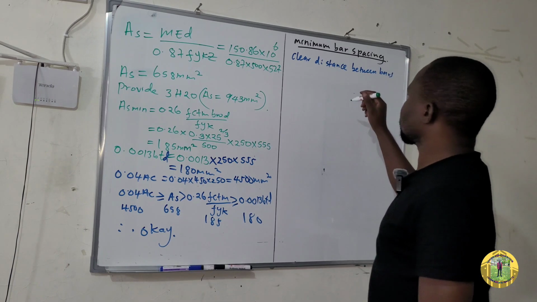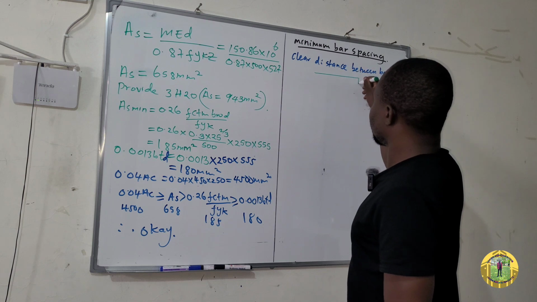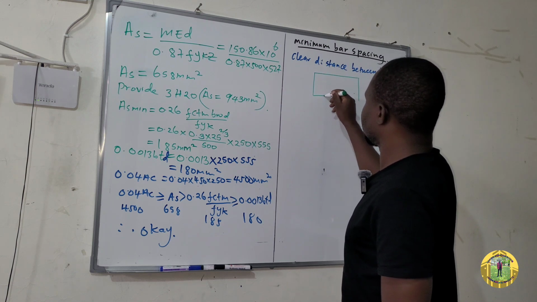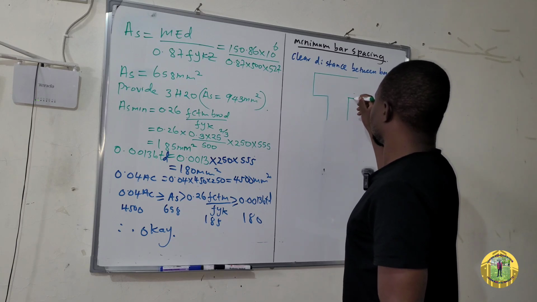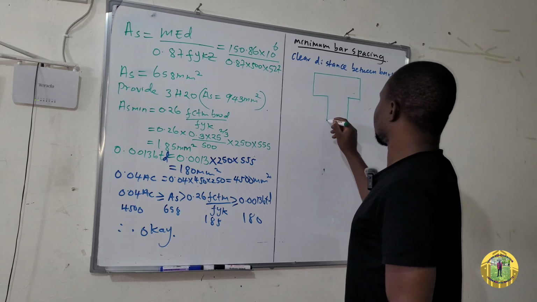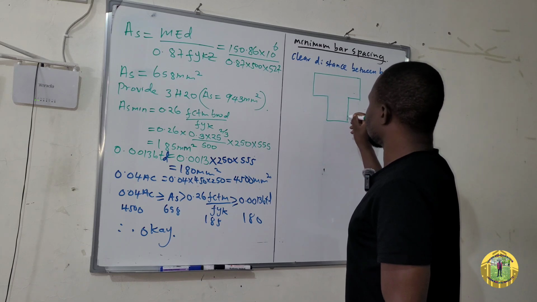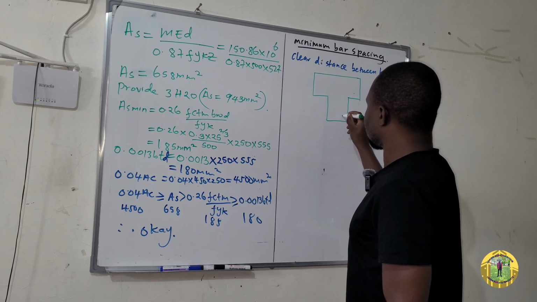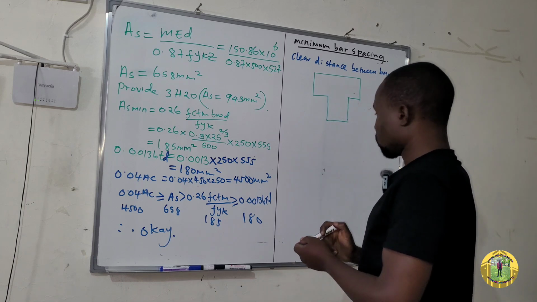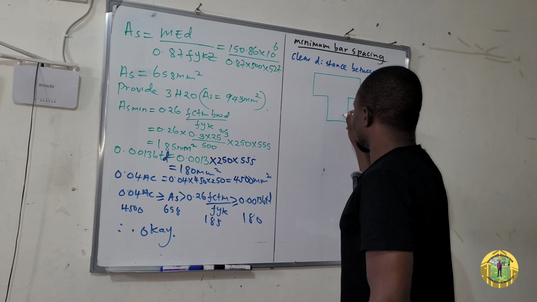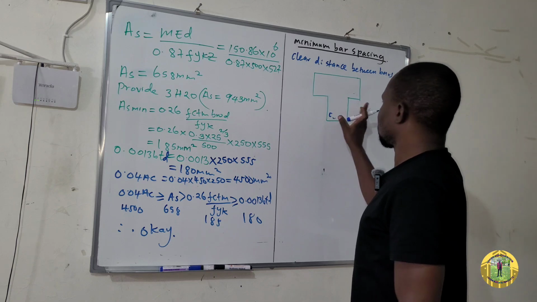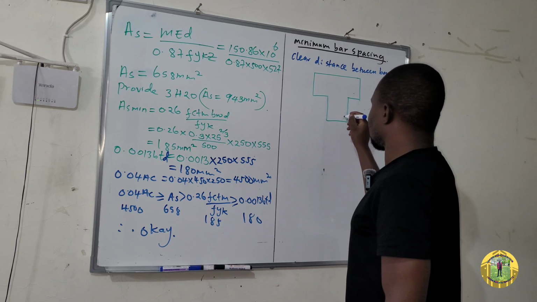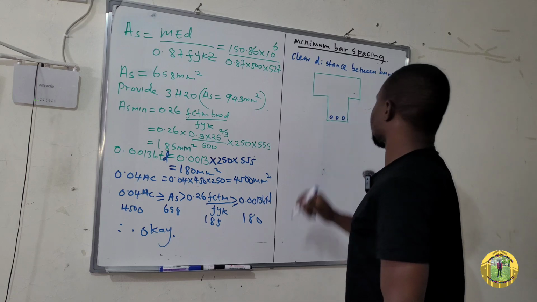So the clear distance between bars, if this is our beam, and we have 3 bars here, like that.